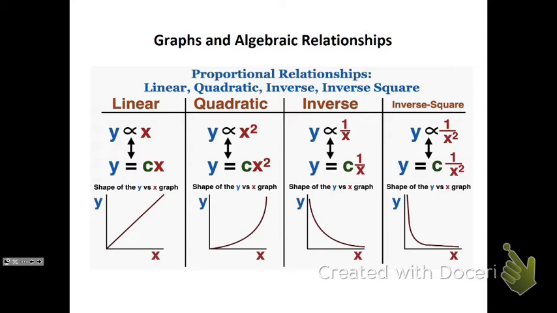The electrostatic force is directly proportional to the product of the charges in the system. We have quadratic relationships, which is an exponential increase, and inverse relationships where it decreases like that.